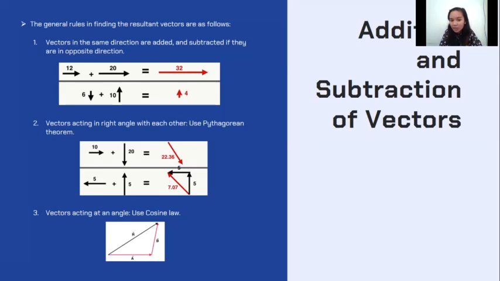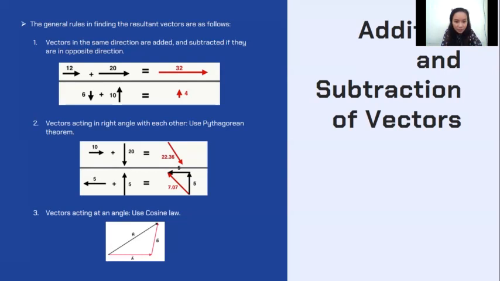We have c squared is equal to a squared plus b squared. Okay, so you just add 10 squared plus 20 squared, that's 500. And then square root lang ninyo si 500, you will get 22.36. Ayan.